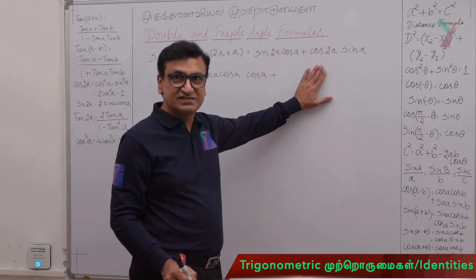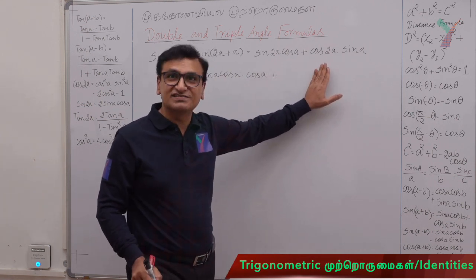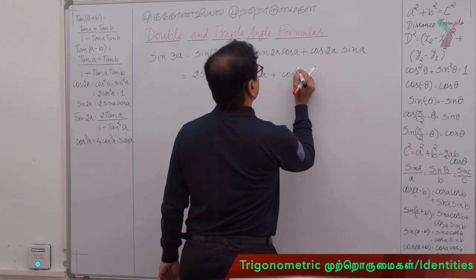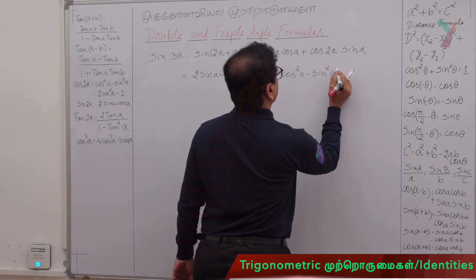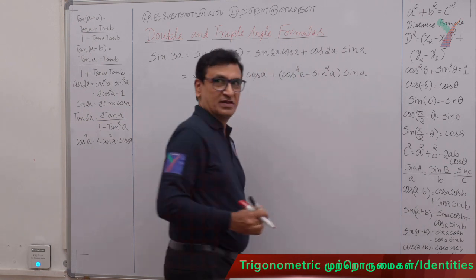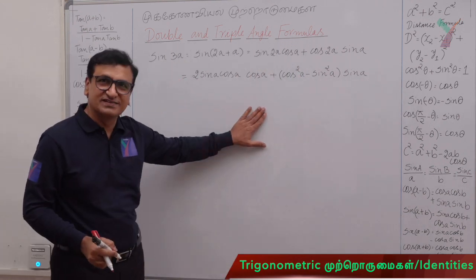And cos 2A is cos square A minus sin square A. Okay, I'm going to simplify this.